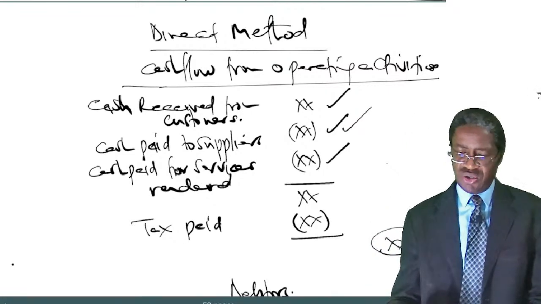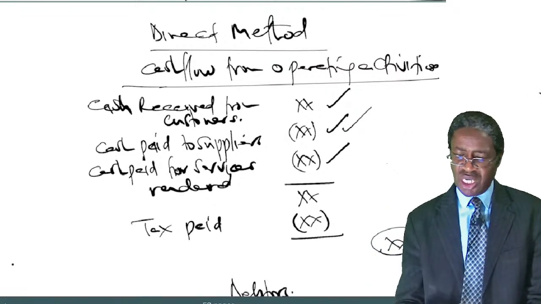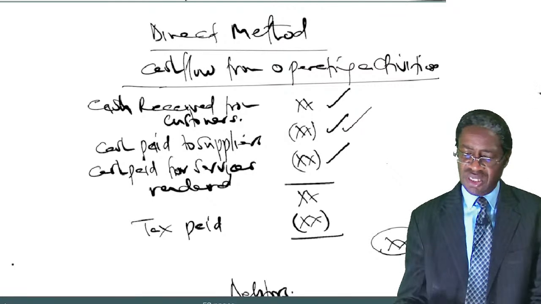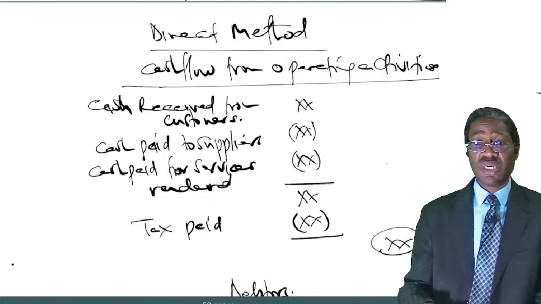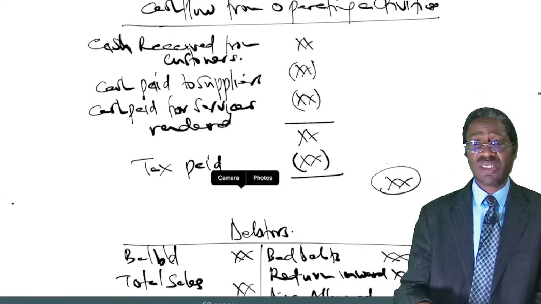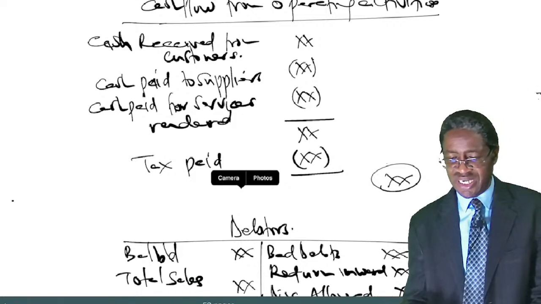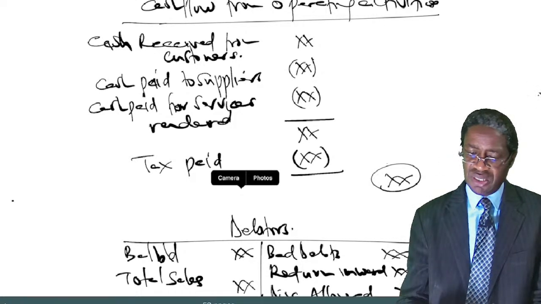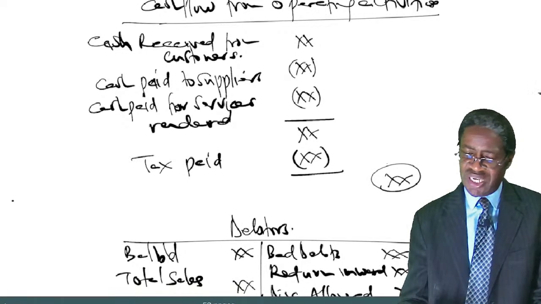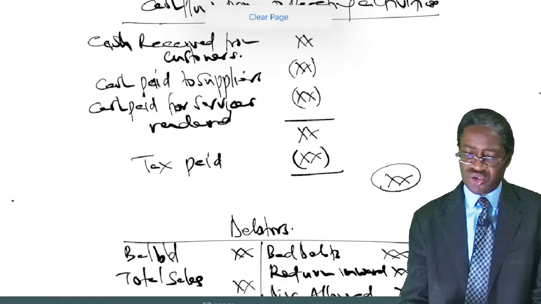So just show like you're saying direct method, cash flow from operating activities. Then you come and say here, cash received from customers, cash paid to suppliers, cash paid for services rendered. Then you show you like you're getting the net at the total. Then you normally come and minus tax paid. Then once you minus the tax paid, whatever the amount you normally get, we normally push it to the extreme.